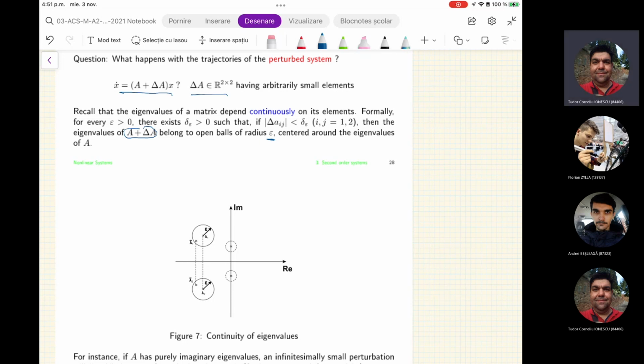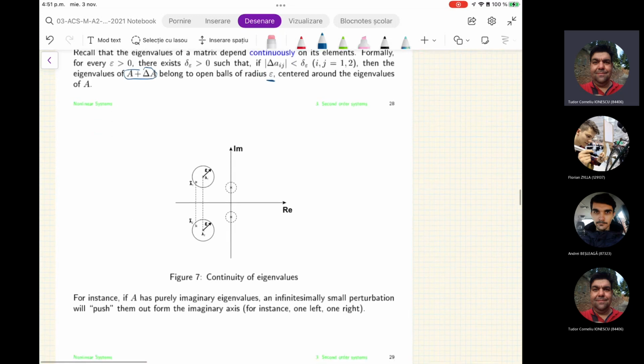The disturbances change the eigenvalues into a specific ball, as figure 7 shows.